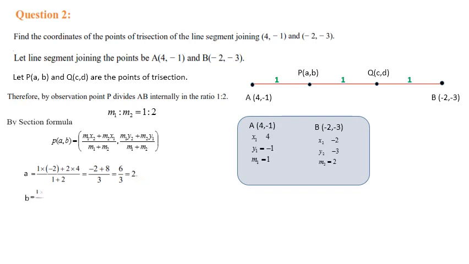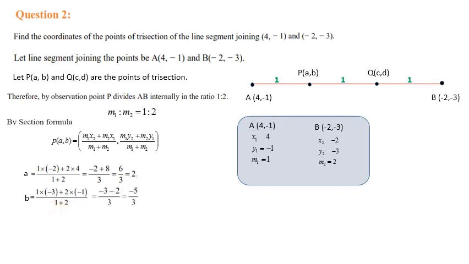Now we have to move on to find the y coordinate, that is (m1y2 + m2y1)/(m1 + m2). So first m1y2: m1 is 1 and y2 is -3, so 1 into -3, plus m2y1, that is m2 is 2, y1 is -1, so 2 into -1, divided by m1 plus m2, that is 1 plus 2.